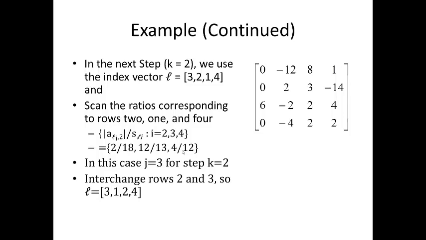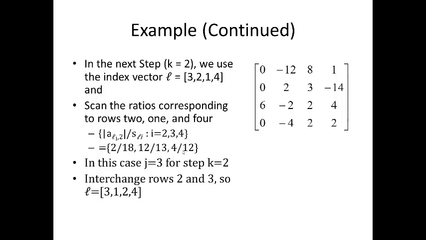Again, we could change it throughout the process, but it's not thought that that extra computation gives you any more computational power in terms of the solution. So in this case, J is equal to 3, the 12/13. That's the highest of those 3 ratios for step K equals 2.